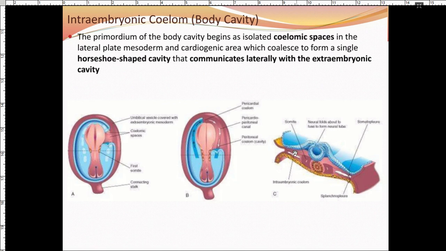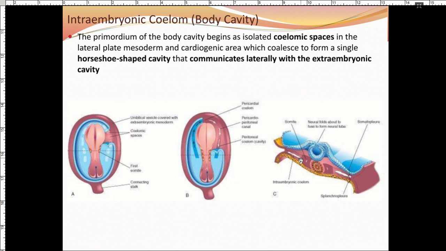Right. And this is going to be your mesoderm that is going to be differentiated into three. And this mesoderm is very important in the formation of body cavities. So you're going to have this notochord right here, and it is the notochord and the neural tube that are going to initiate the differentiation of the mesoderm into the paraxial mesoderm that is going to form your somitomeres in the head and somites in the body.